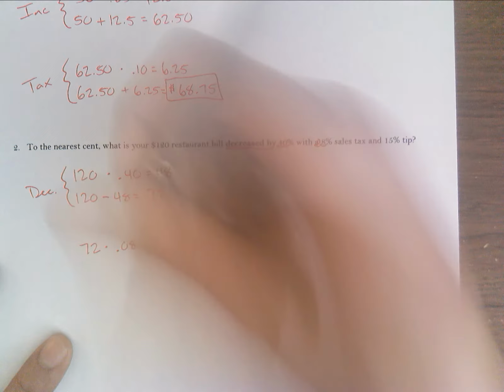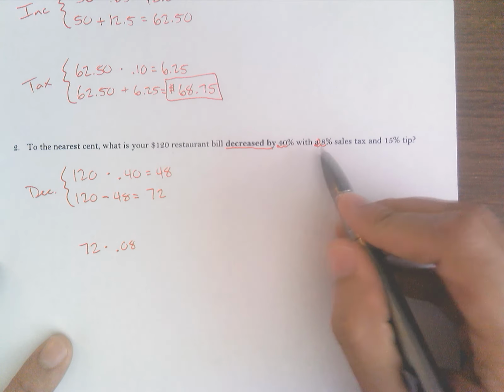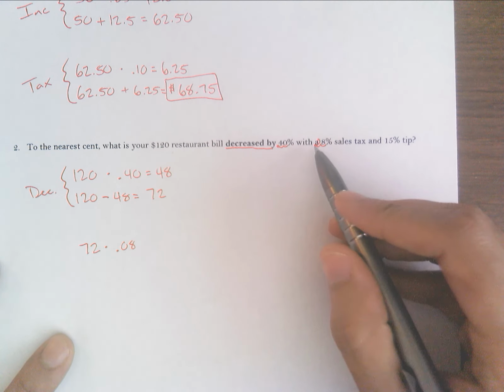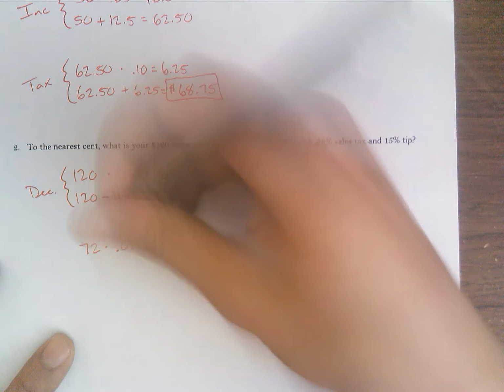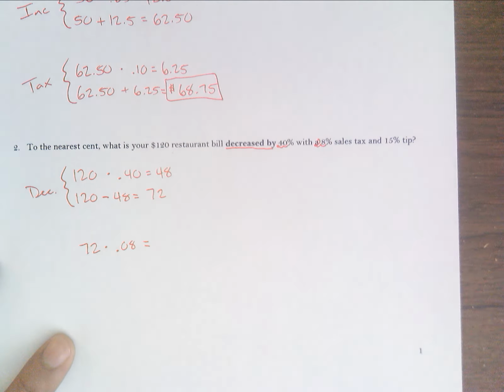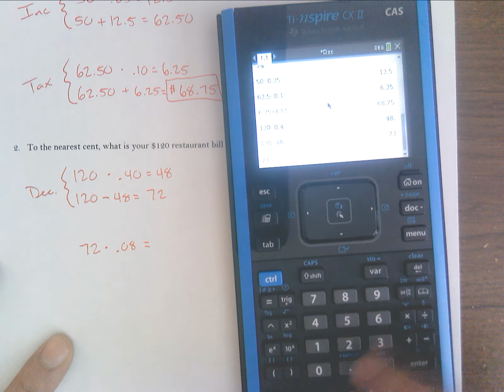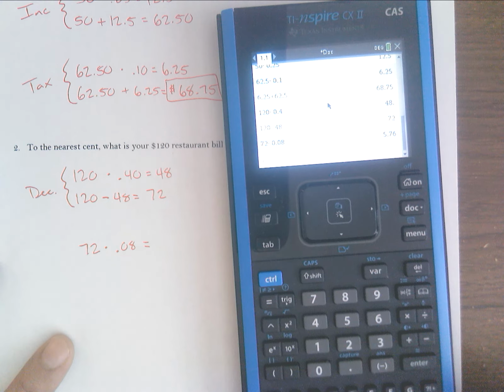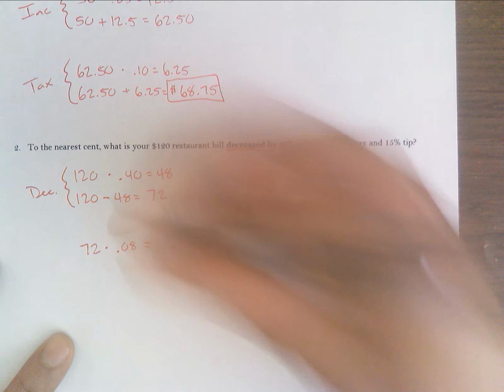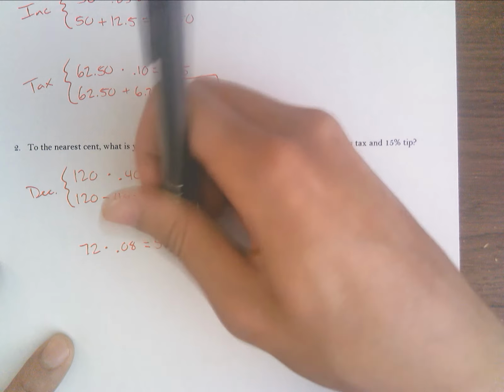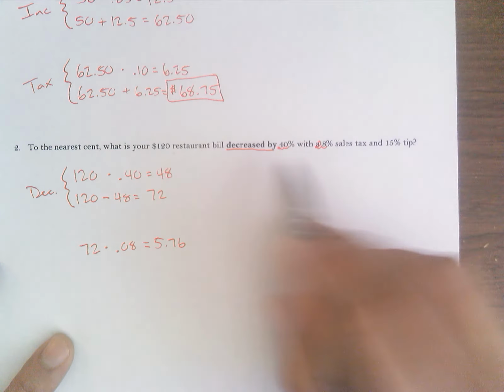Don't be confused. We move it twice, so it's not 0.8, it's 0.08. We got to move it 2 places. So 72 times 0.08 gives us 5.76.